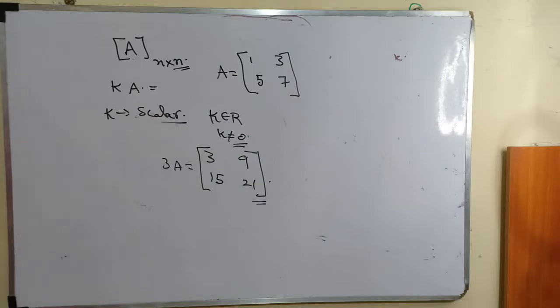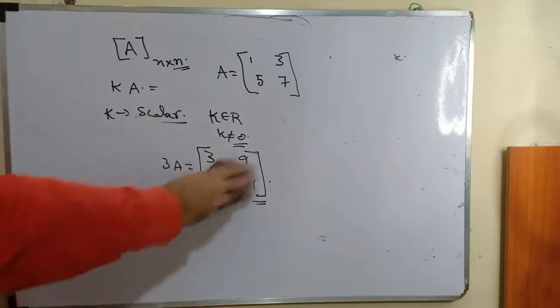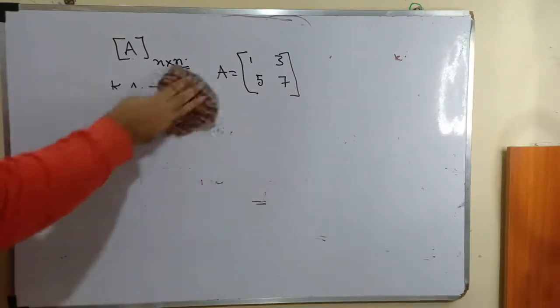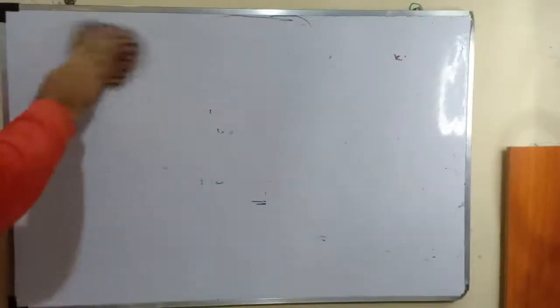Now, how do we consider this in the case of determinants? For a matrix, multiplying with a scalar means multiplying every element.